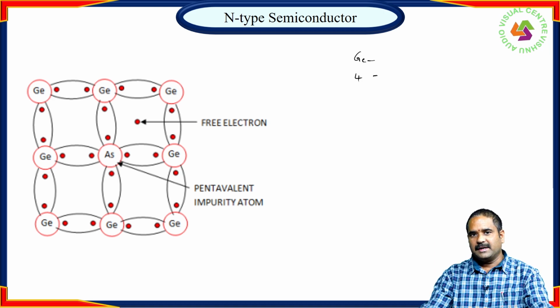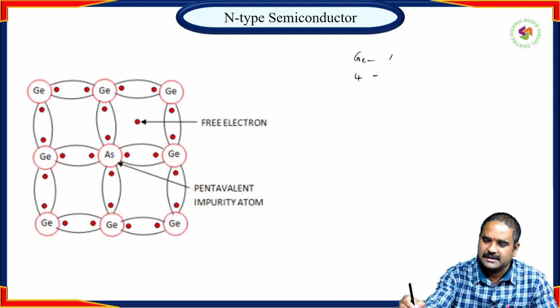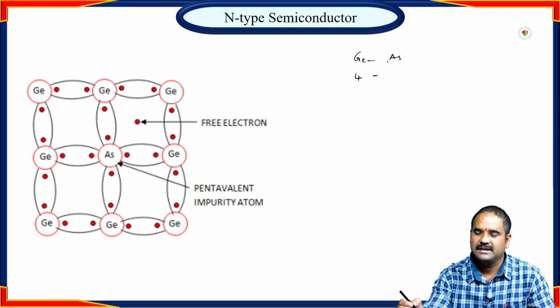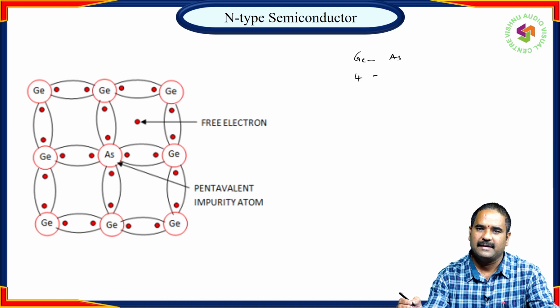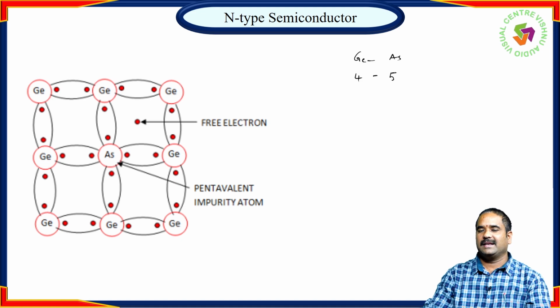When an intrinsic semiconductor is doped with a pentavalent impurity, like phosphorus or arsenic, these are all pentavalent impurity atoms. Their valency is 5. So when an intrinsic semiconductor like germanium or silicon is doped with a pentavalent impurity atom, the resultant semiconductor is termed an N-type semiconductor.